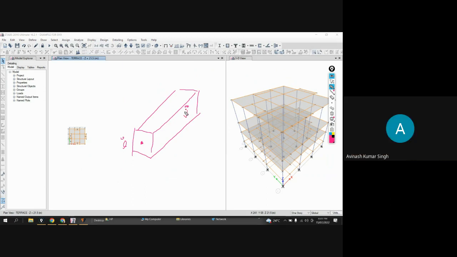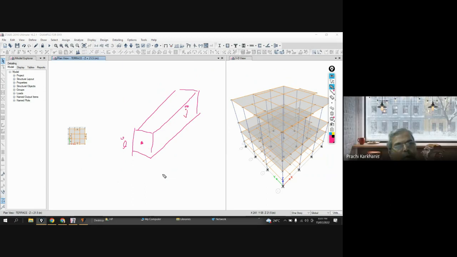Now, if I want to consider the faces in the longitudinal direction, how many faces will I get? This is one face and this is another face.